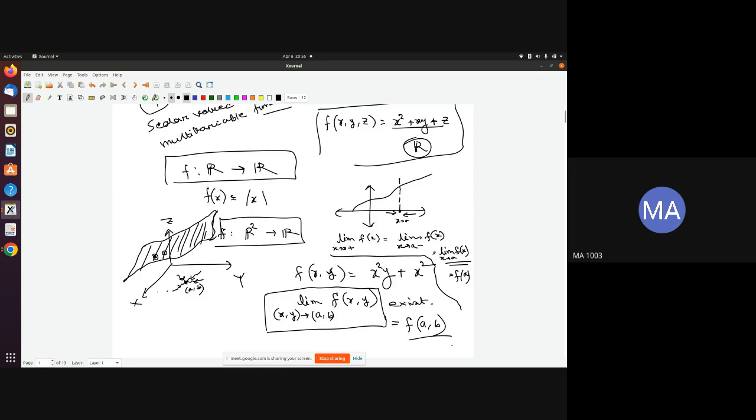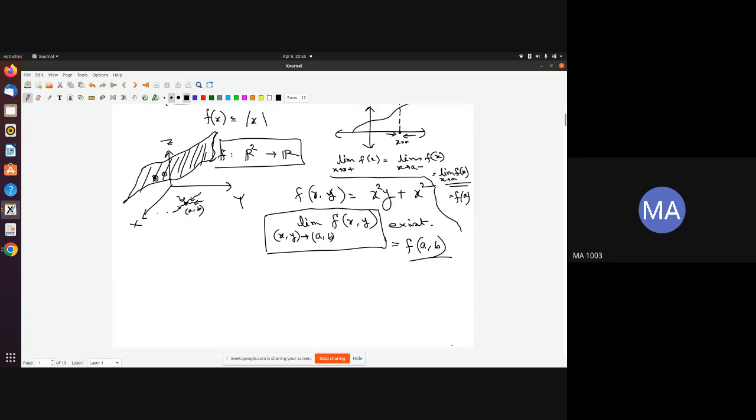Here the important way to check for a limit is the sandwich theorem, the same sandwich theorem we did for single variable. Here also we can do it. Suppose I have two functions g(x,y) and h(x,y) which bound my original function.